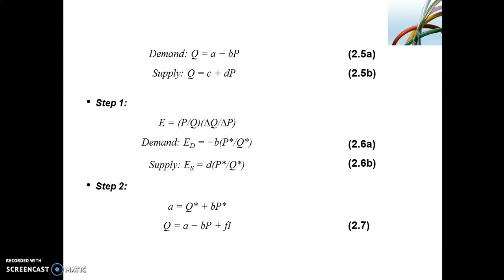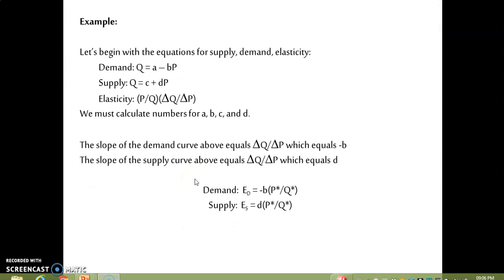So let's work through an example of how to determine our linear demand and supply curve. Given certain information, let's begin with our equations for supply, demand, and elasticity. So we have our general form of demand, supply, and elasticity.